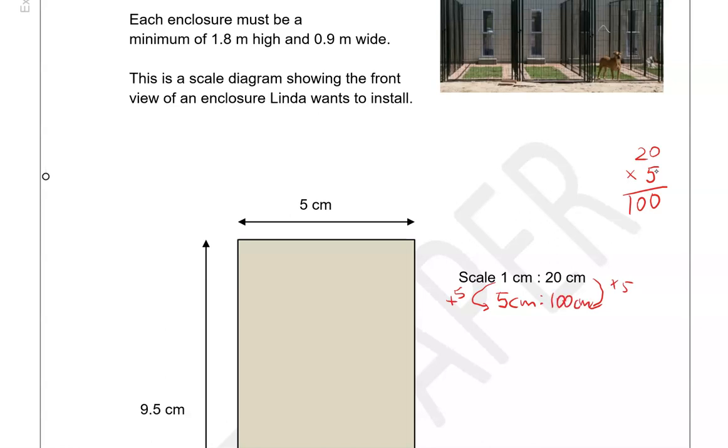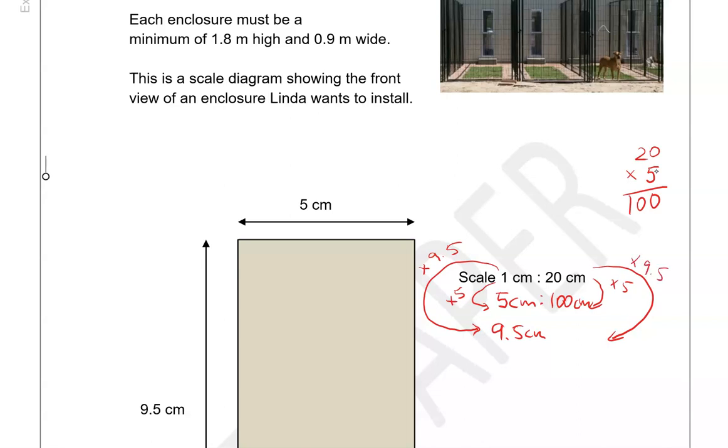centimeters. Now we've got 9.5 as well. So to get from 1 to 9.5, we've multiplied by 9.5, so we need to do the same on the other side.